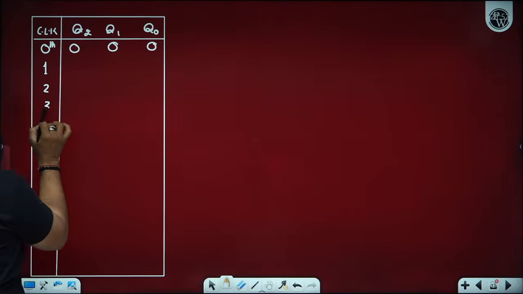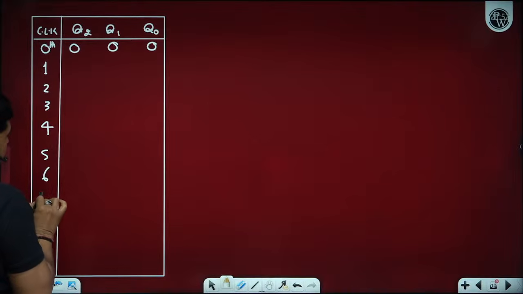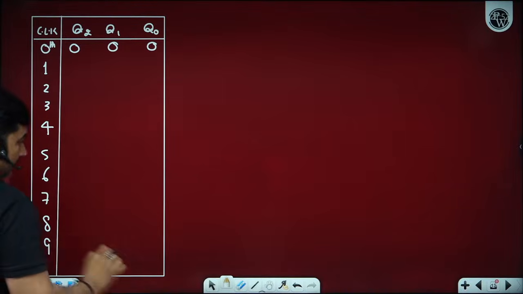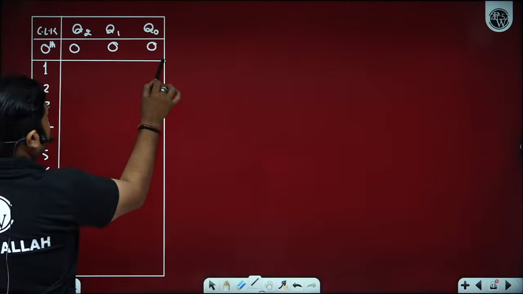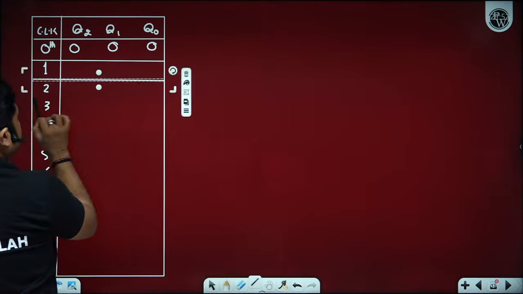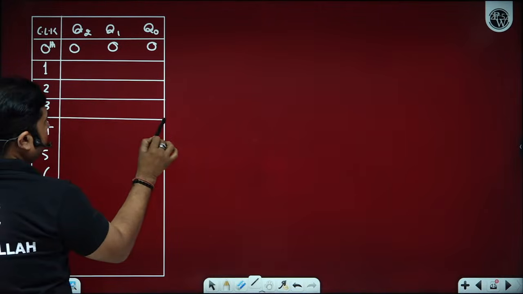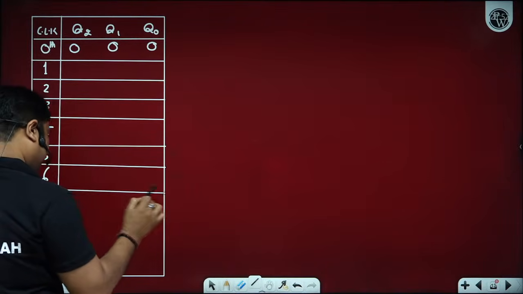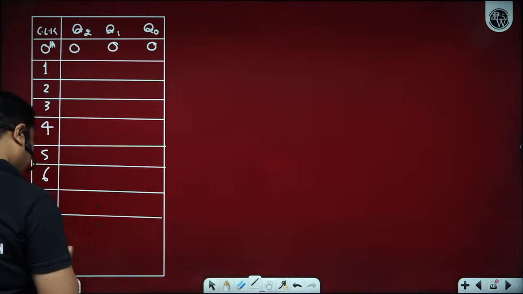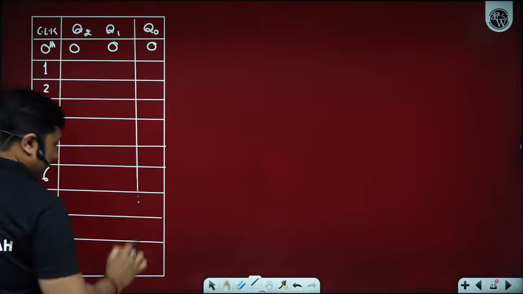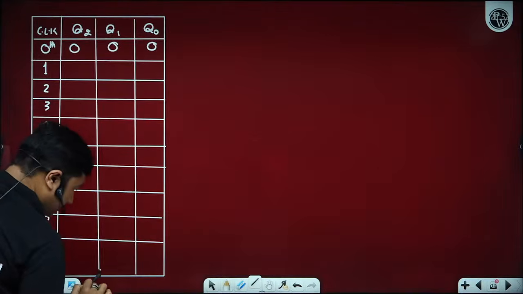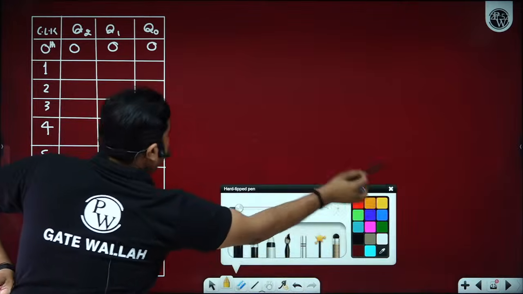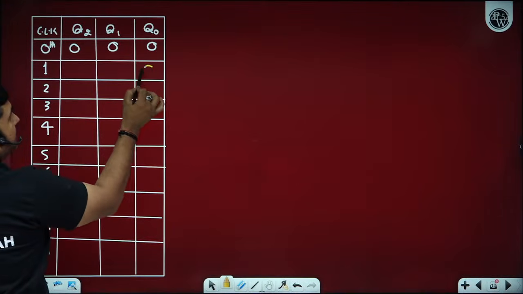1, 2, 3, 4, 5, 6, 7, 8, 9. If we observe the output states, the states of the different flip-flops under different clock pulses, then, sir, Q0 toggles on every negative edge triggered clock.